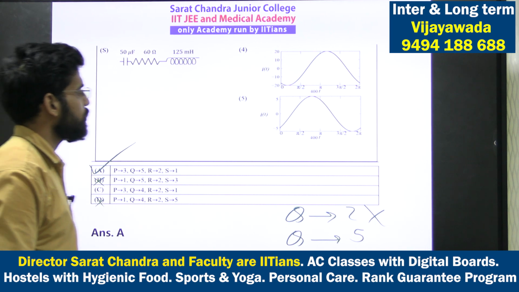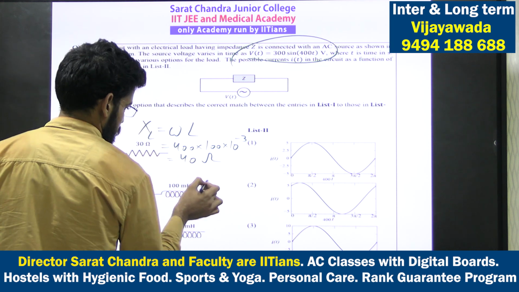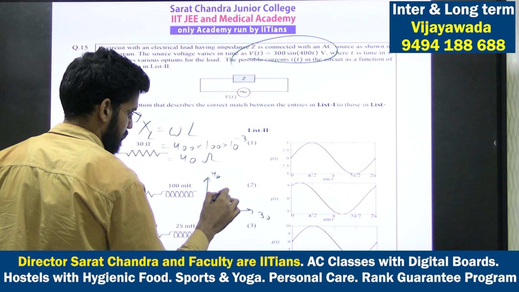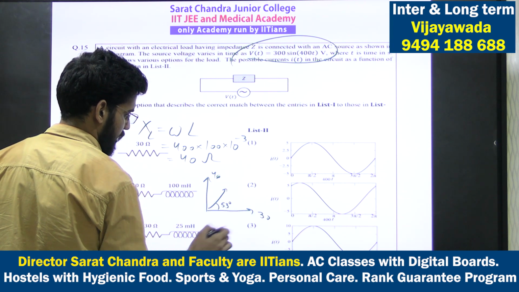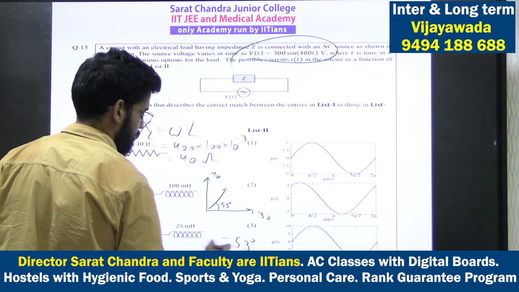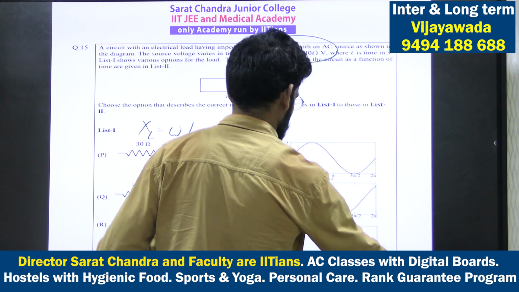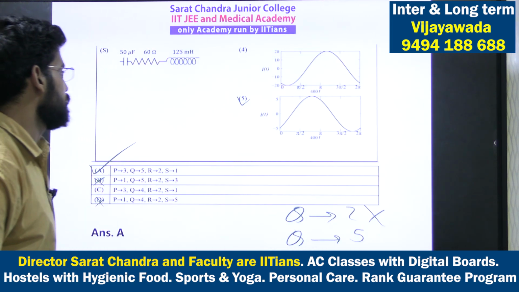Still, if you want to calculate, this side is 40 and this side is 30, so this will come to 53 degrees. This is behind, so minus 53. So phi will be minus 53, which means negative, so at t equal to 0, negative value it will start, so negative means this fifth option only. So Q will go with the fifth.